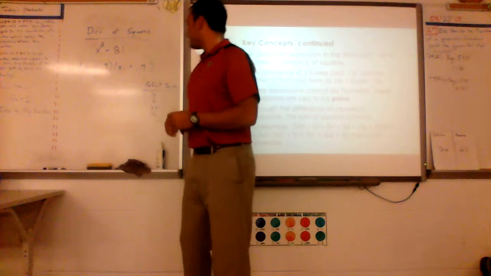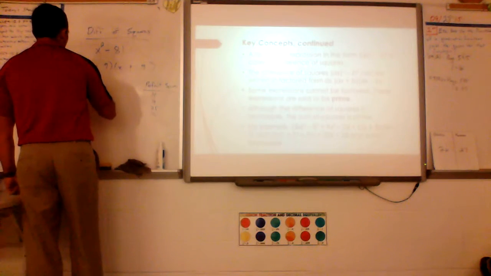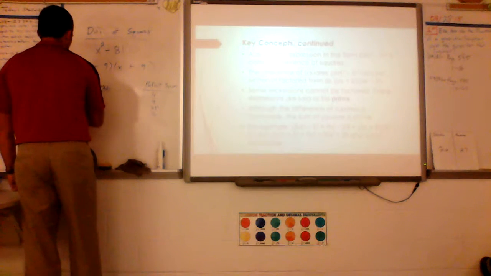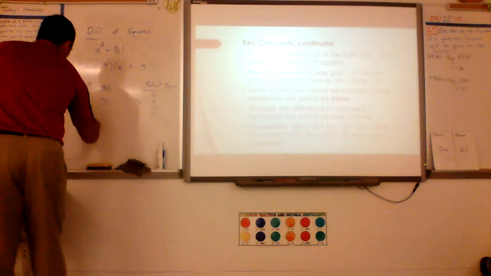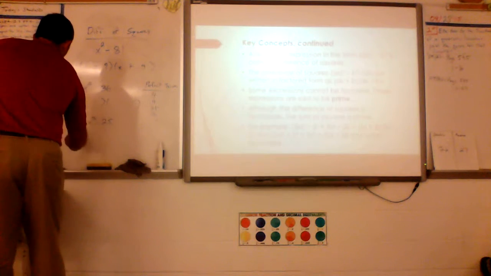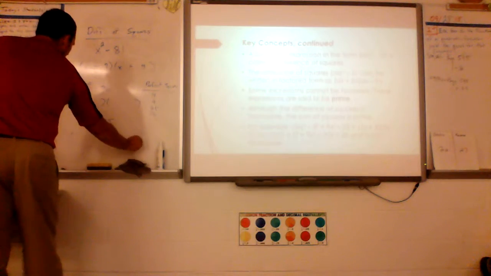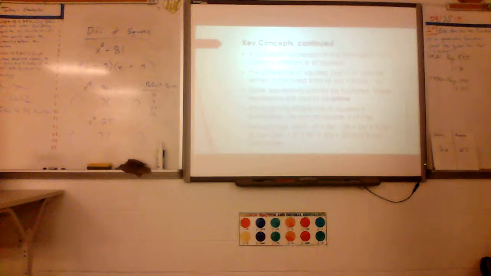Okay? Now, if I wanted to do another one, I might have x squared minus 36. I might have x squared minus 25. Take a second, see if you can solve those really quick. X squared minus 36, x squared minus 25.